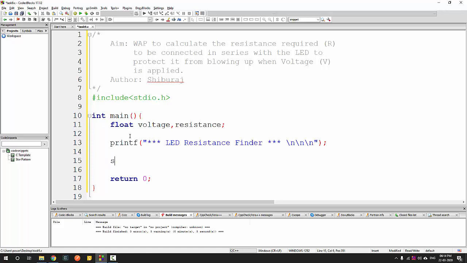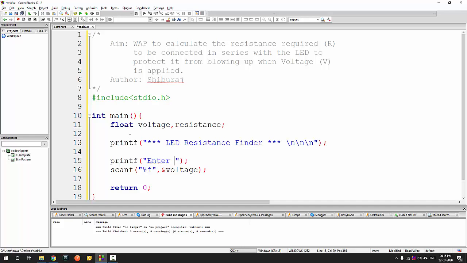So I will just say scanf, and I would say percentage f because the type is float, and ampersand sign, and voltage, ends with a semicolon, and also tell the user what he has to enter. So I would just say enter the input voltage.